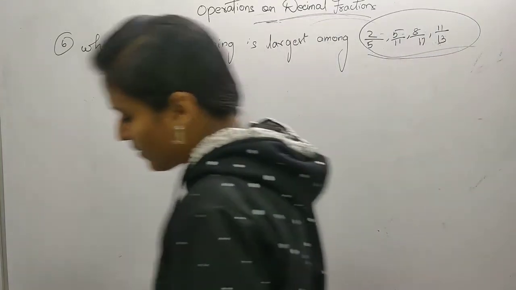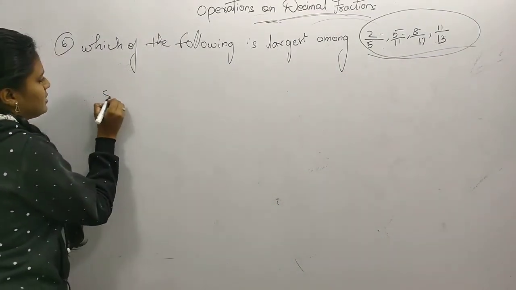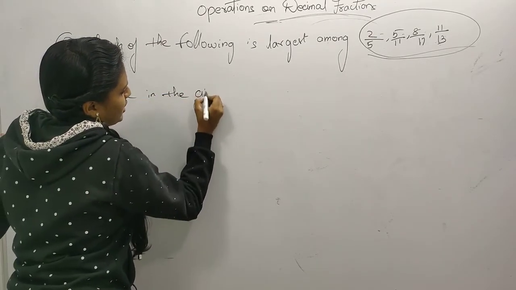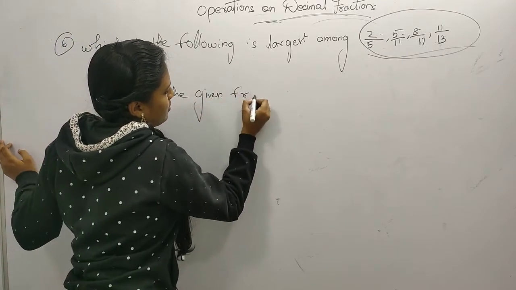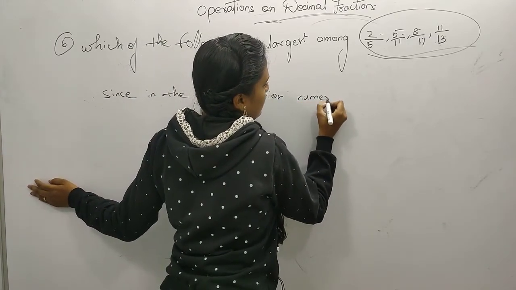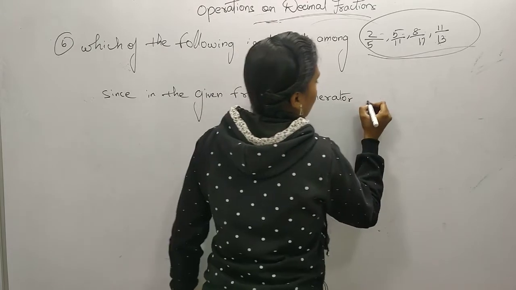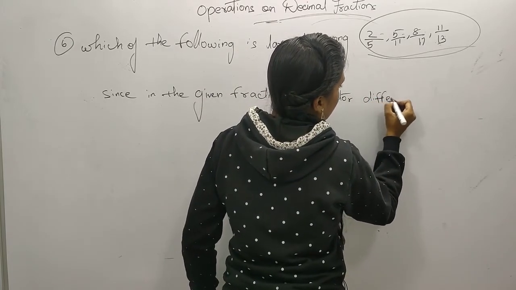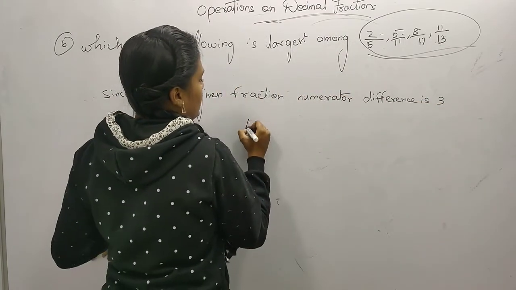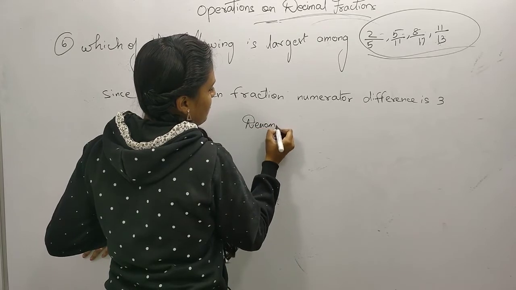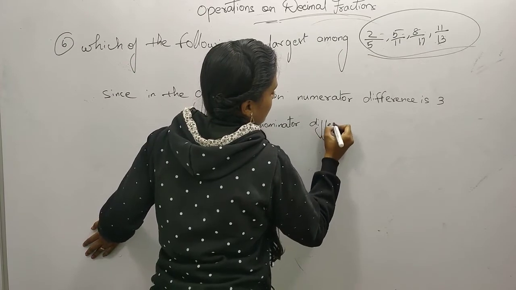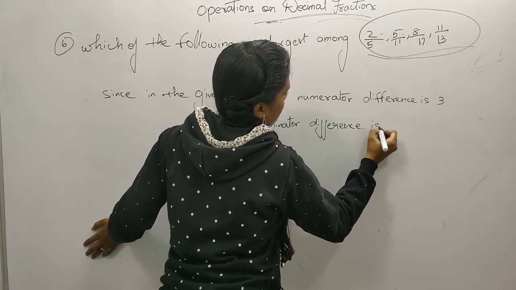In the given fractions, the numerator difference is 3 and the denominator difference is 6.